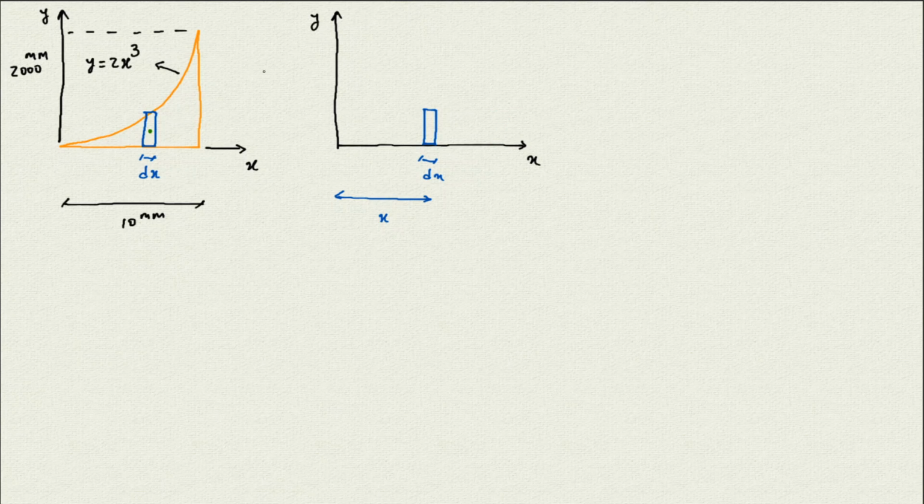Also this is going to be y, and as we can see here, the top point of that element is on this curve, which is on x and y. And if we draw the axis going through its centroid, this is its centroid, it's going to be the x prime, and then the y going upwards is going to be y prime.